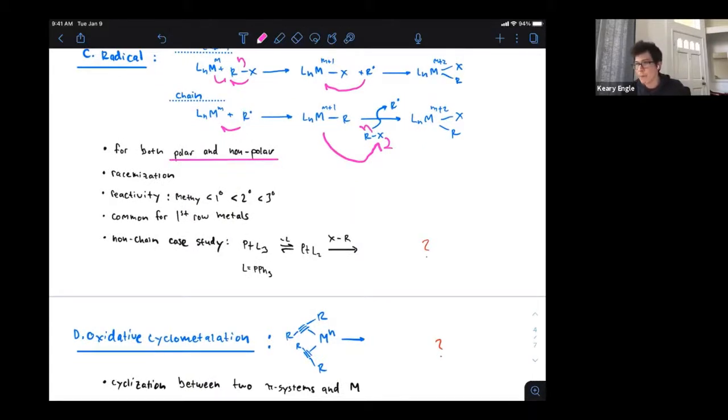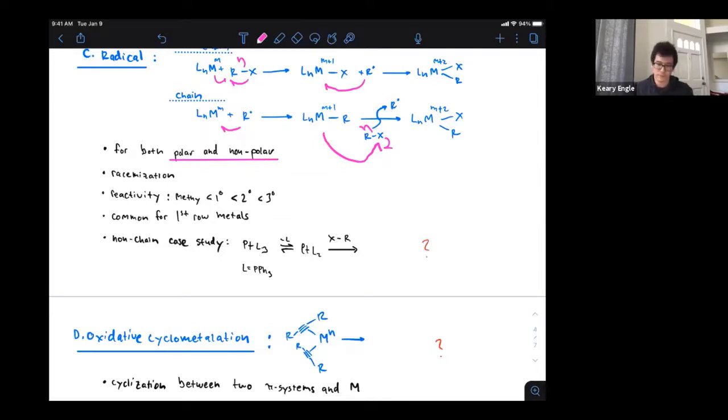Radical-based processes can happen for both polar and non-polar reactants. A distinguishing feature here in terms of underlying mechanism is that the carbogenic group will undergo racemization. And the reactivity here is a departure from what we saw before, but very much in line with what we've already learned in other classes about radical processes.